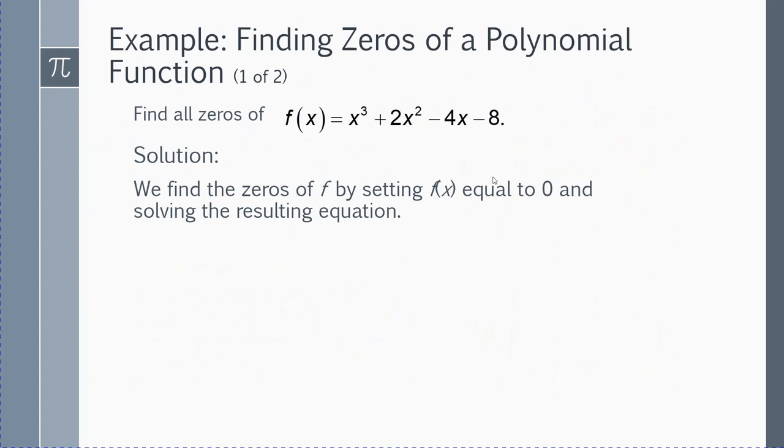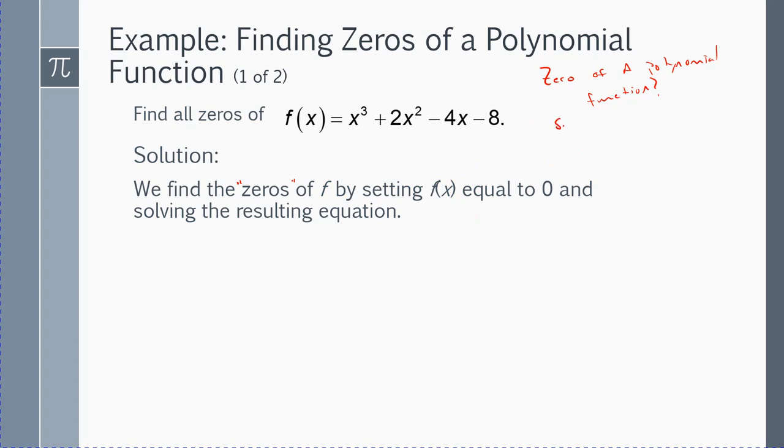So finding the zero of a polynomial function. Let's find the zeros of this function. So what exactly is a zero? We find the zeros of the function f by setting f of x equal to 0 and solving the resulting equation.